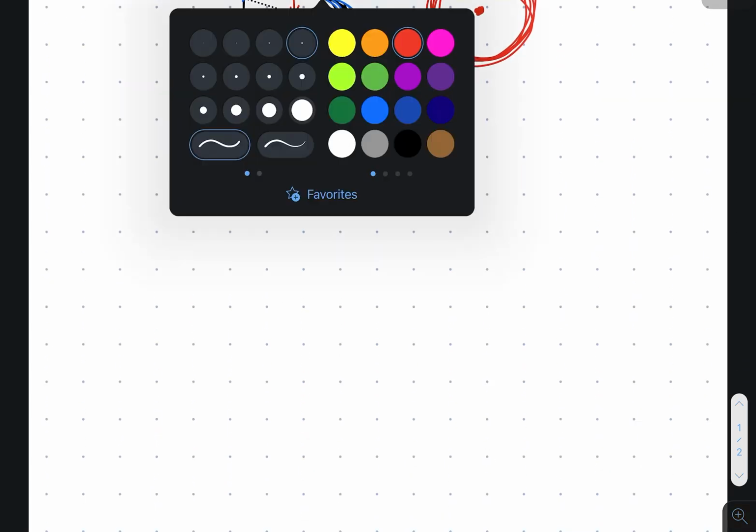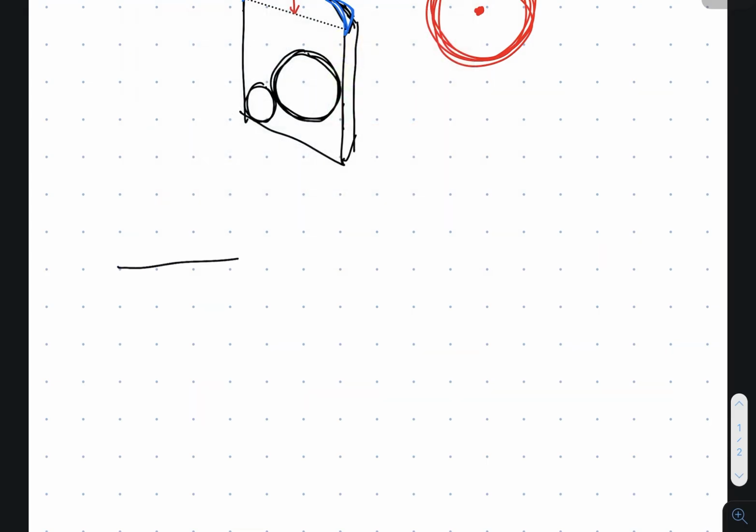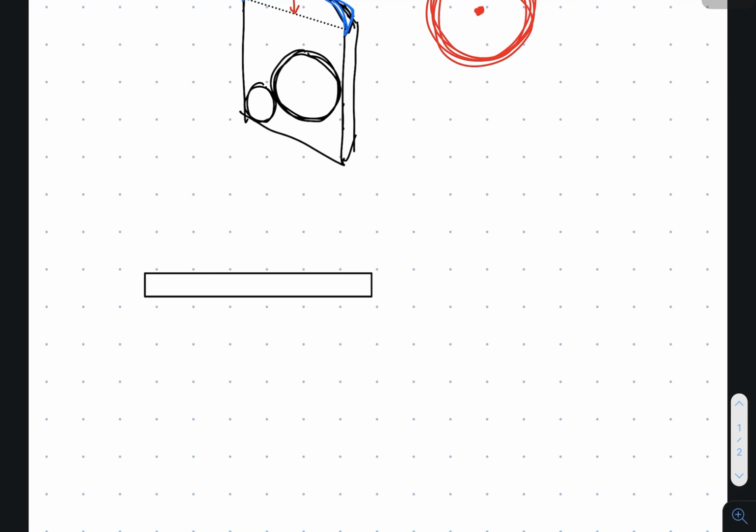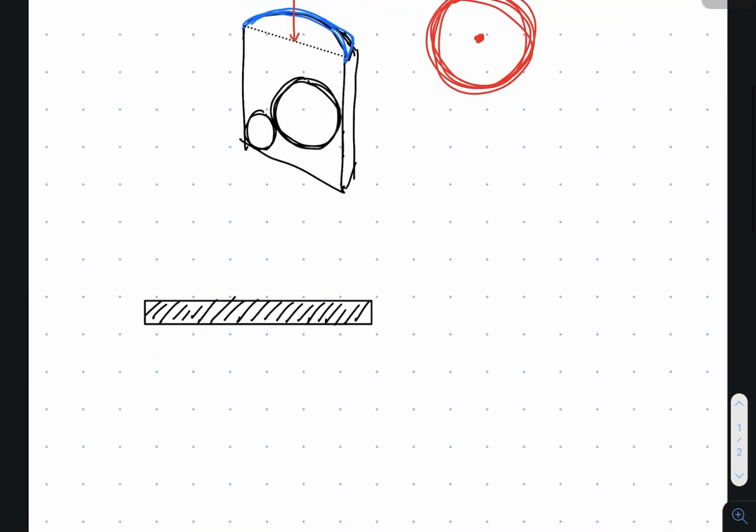So what we're going to do is draw the figure for the cylinder. This is the surface where the cylinder is acting, and then we have the cylinder that rests on top.